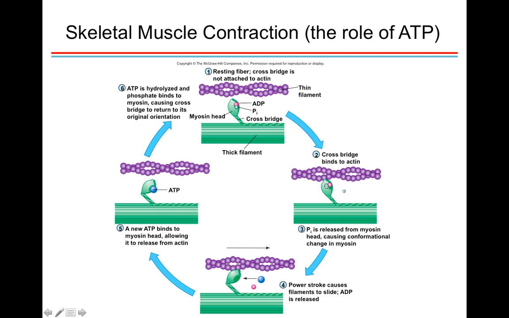Then, in order for this to have a power stroke, we need for the phosphate to release. And as the phosphate releases from the myosin head, this will lead to a bending of the myosin head, right? So it's going to have a kink in it, meaning that it now has movement.